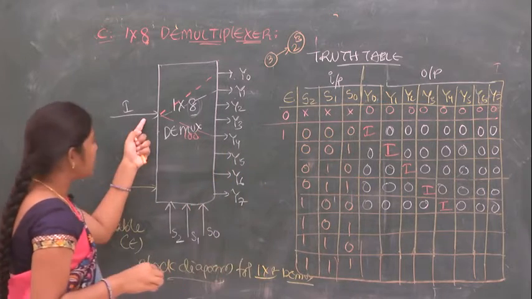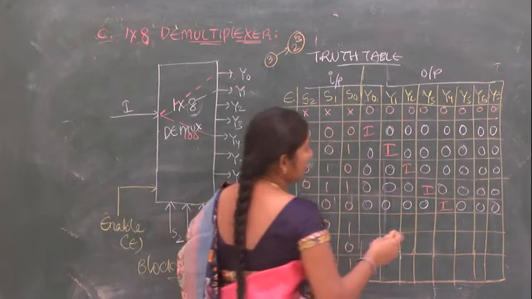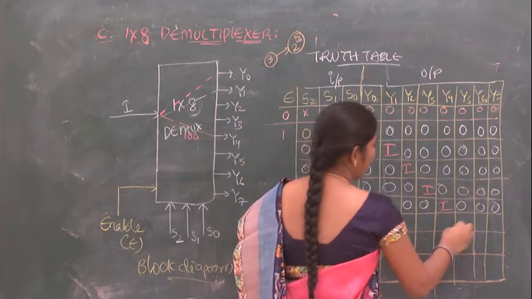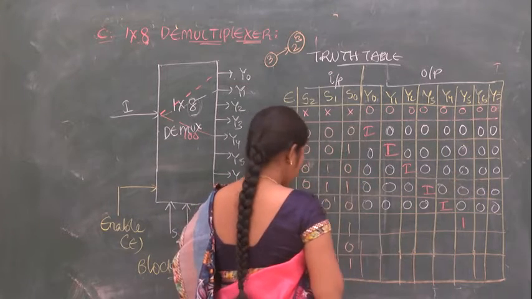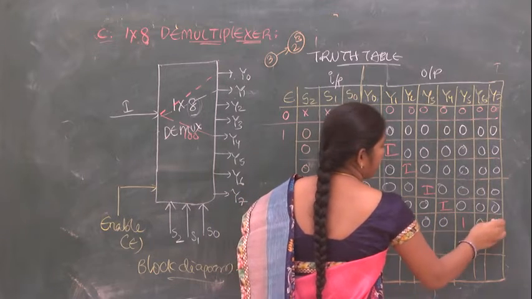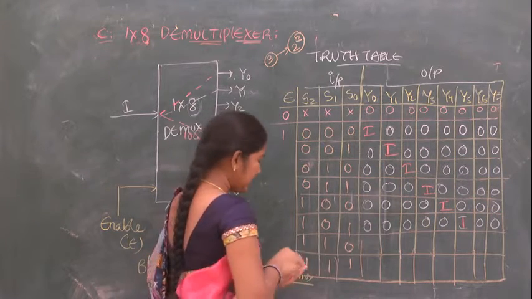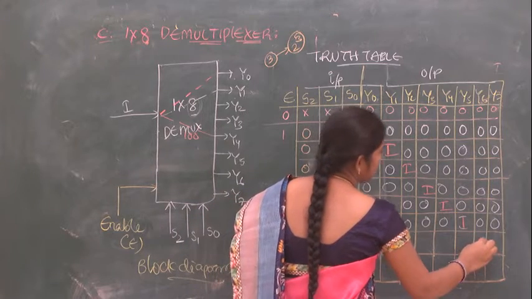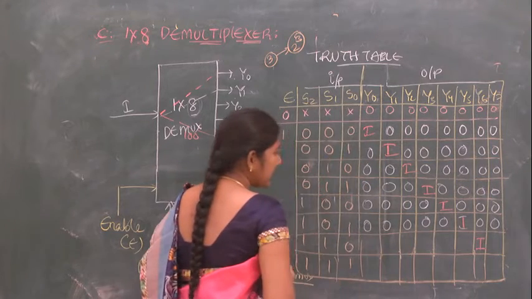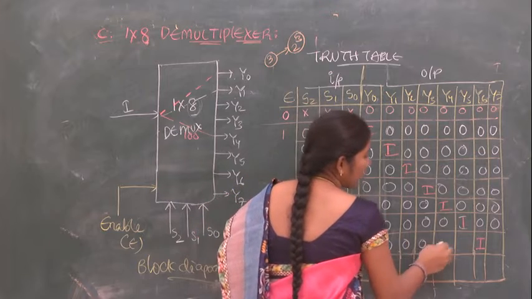For the 1 0 1 combination, input I is transferred to Y5 and the remaining are all 0. For 1 1 0, this data I is transferred to Y6. The remaining outputs are 0.